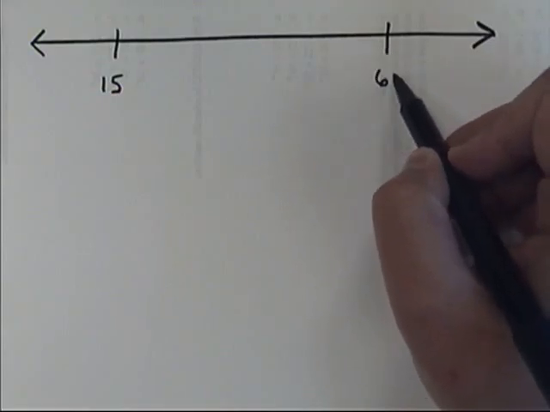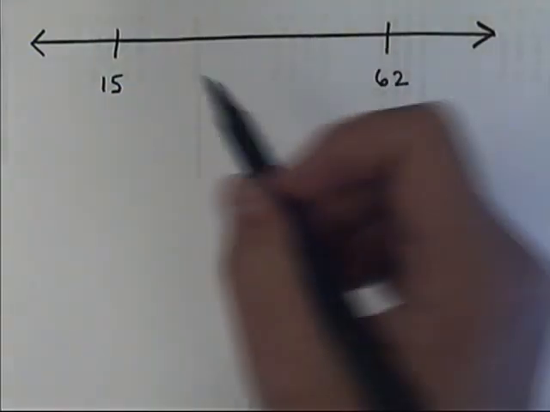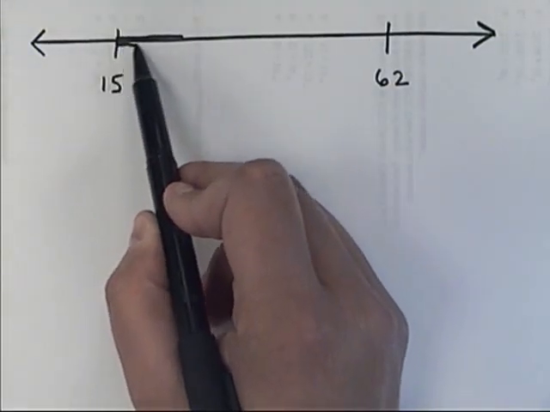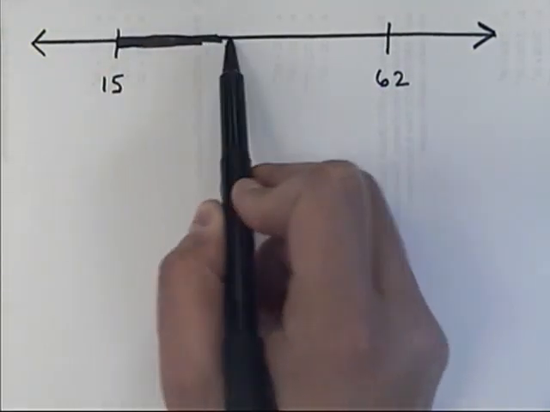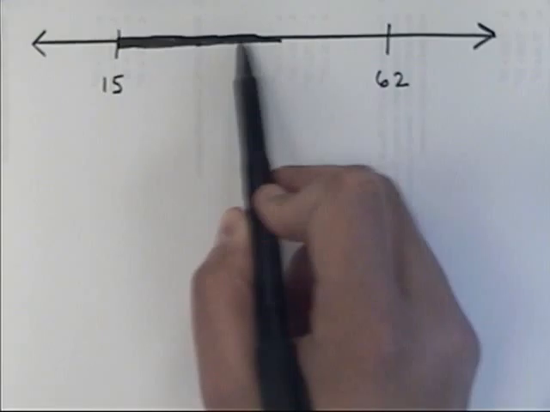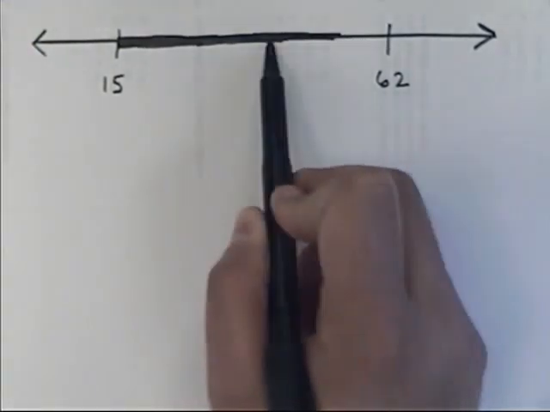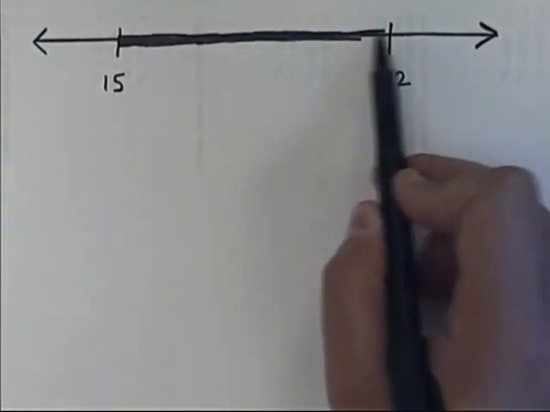So I'll put that there as the highest age. And then all the other ages would be somewhere in between 15 and 62. So I'll shade in all those numbers in between. I didn't write them in, but I'm just shading them in.